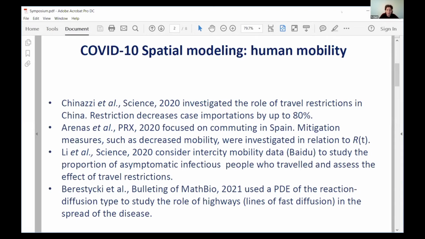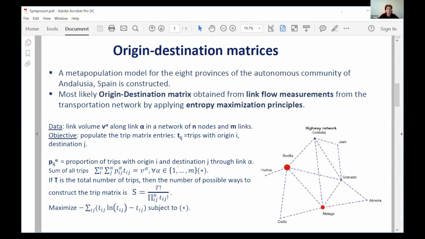So what we're doing is we are using one type of data, which is link flow measurements from Andalusia's transportation network. These data are readily available on the website of the government of Andalusia.